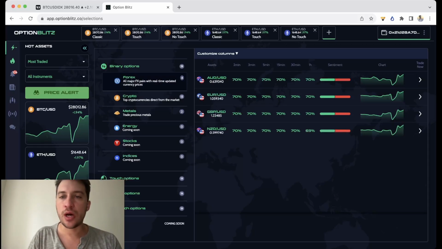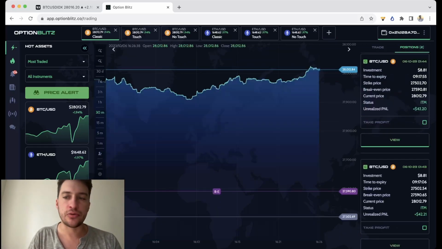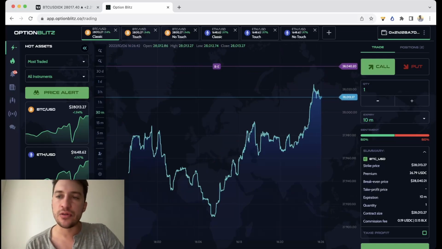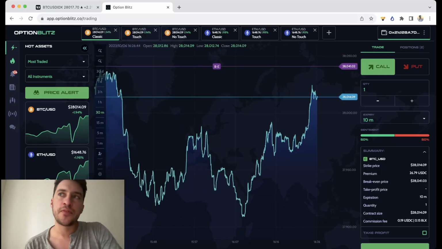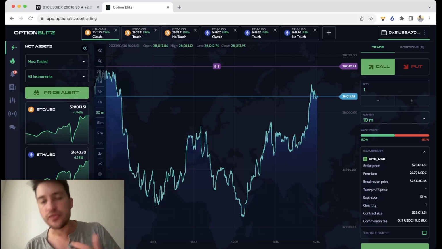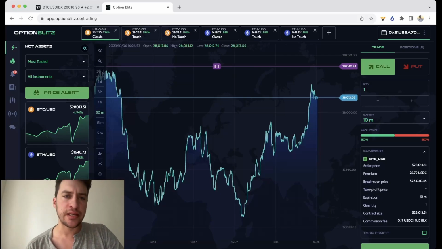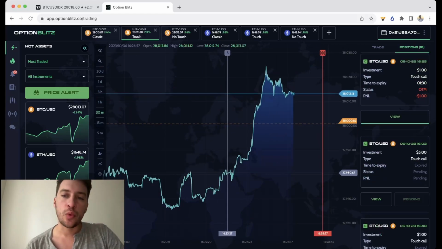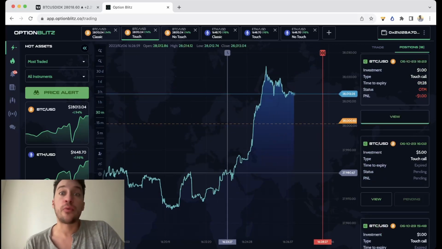So a big reason why I wanted to do a cover of this platform is a lot of it has to do with the fact that this is DeFi. So you actually own full rights to your own wallet. You don't have to worry about not being able to withdraw. Once you take a trade, which I did on the touch contract right here, once I get paid out, I can do whatever I want with my MetaMask wallet.